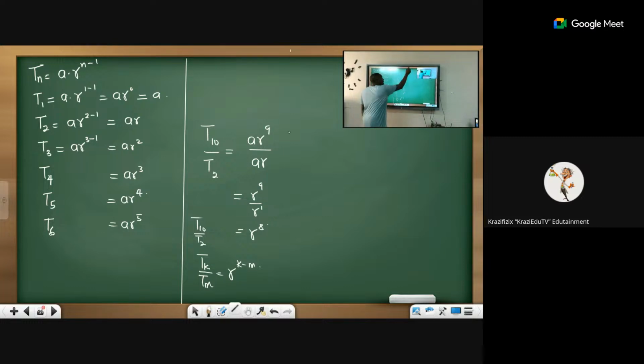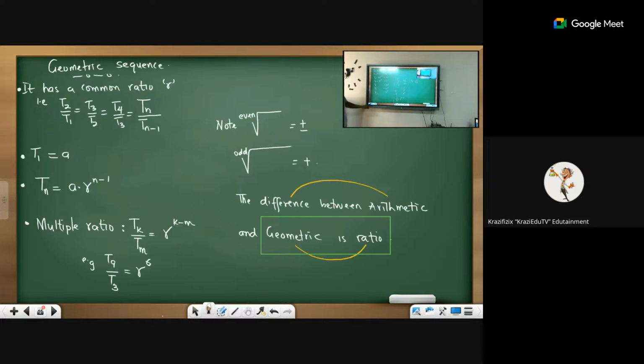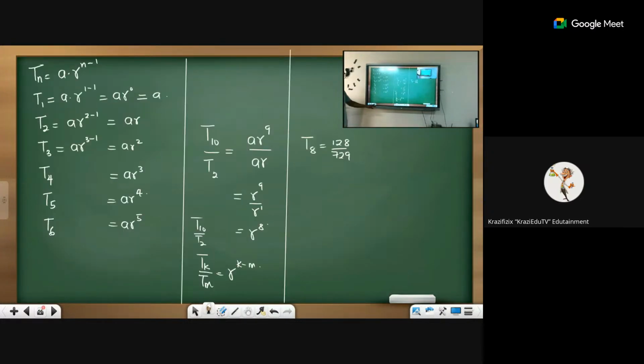Yes, let's try it. The question we just did right now. T8 is 128 over 729. Do you remember? Let me go back. Let's use the same question that we just did. Oh, no, I think I'm going the wrong direction.